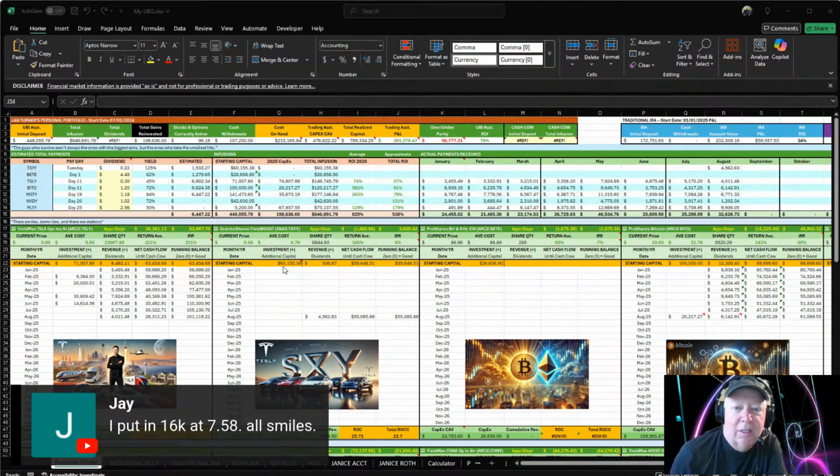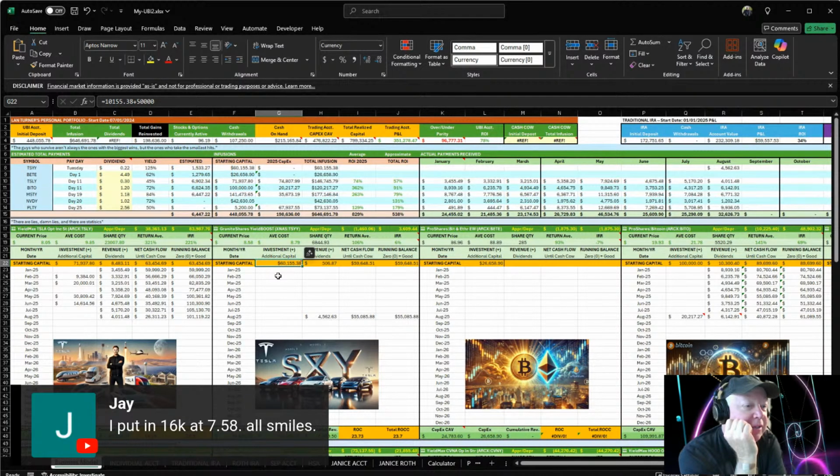Let's go look and see. Yeah, see, I got a couple in there. So I put it in twice. So I dollar cost averaged up, I think. That's what brought my average cost up. But you're in at 758. That's sweet. So do you have any dividends yet? When did you put yours in? I guess you put it in a while ago. If it's trading right now, current price is 858.